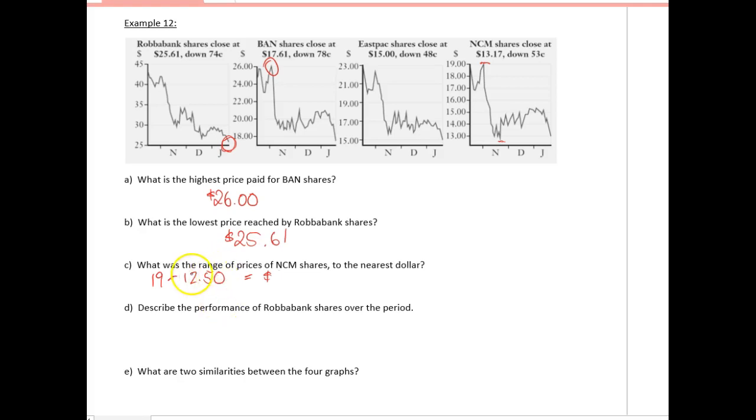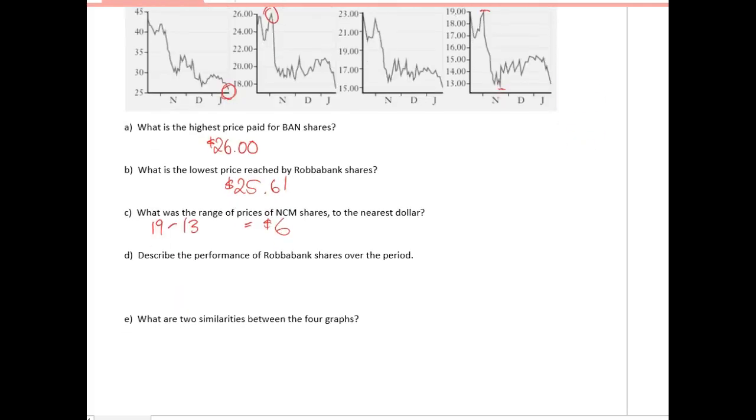I'm going to say, let's make that a 13. Let's make it a $6 range. It's hard to be exact, and that's always the nature of dealing with graphs. They have their benefits, you can see trends more easily, but you lose some of the precision.